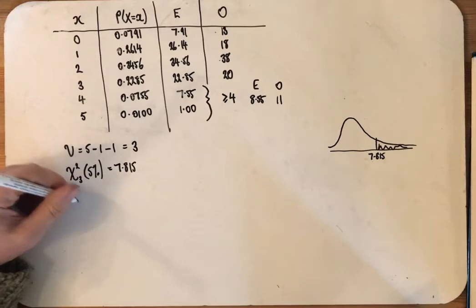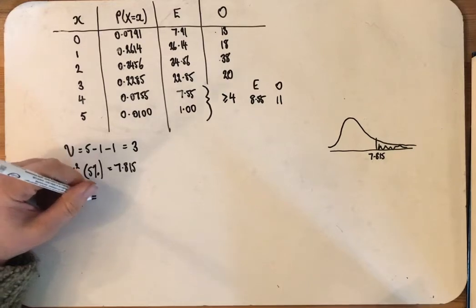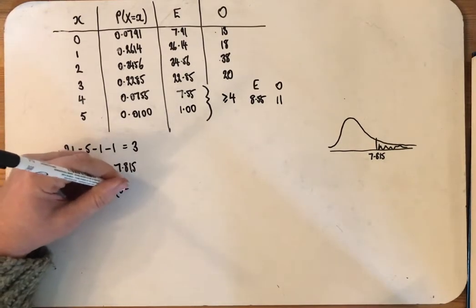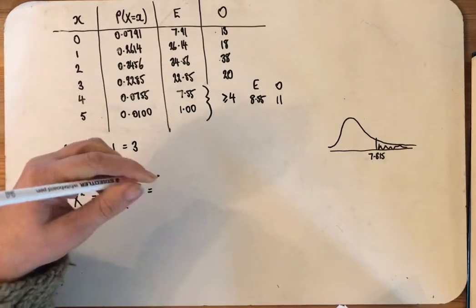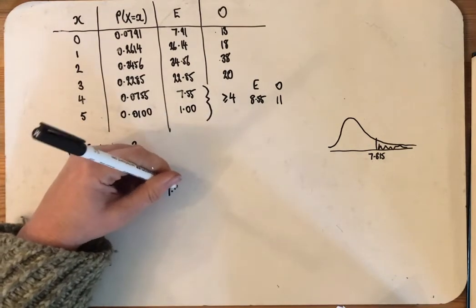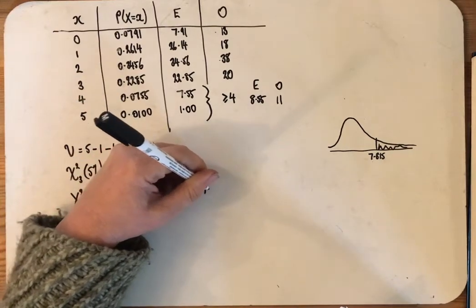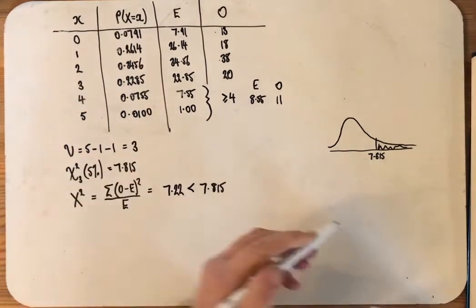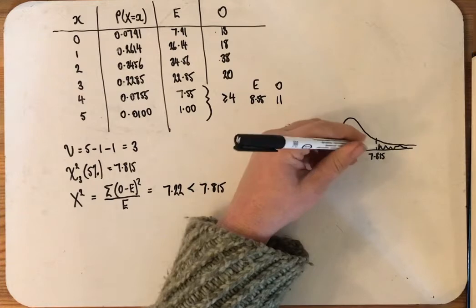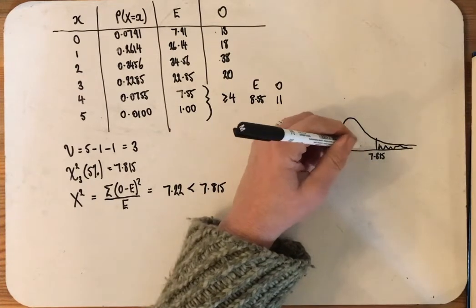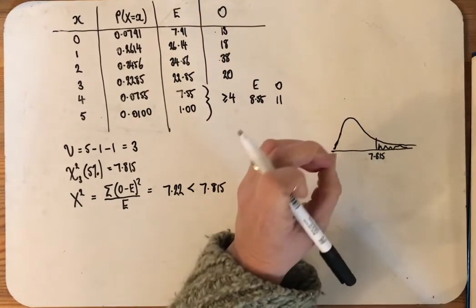When you find your test statistic, so your chi-squared test statistic, that's the sum of observed minus expected squared over expected. I'm not going to do that, I'm sorry. You get 7.22, and then I need to compare that with the critical value of 7.815. Because it's closer to 0 than the critical value, you accept the null hypothesis. Remember, if you're at 0, the observed and the expected would meet exactly.